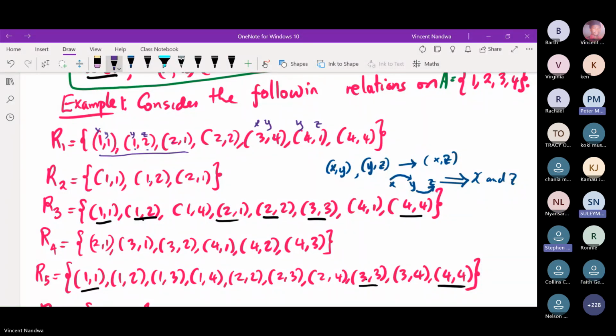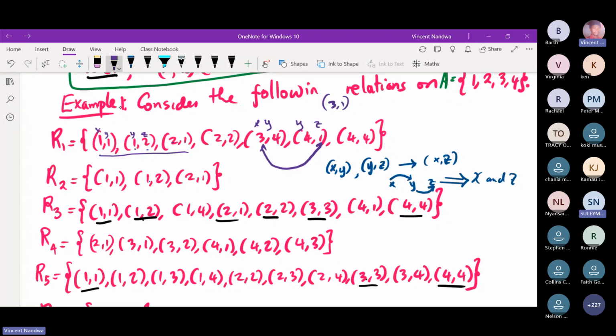Yes, 3, 1 is lacking, because the last number here matches the first number of the other pair. If that is the case, then we expect these two numbers to be related. So an element 3, 1 should be within R1 for this to be transitive.